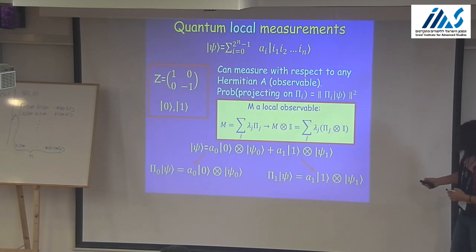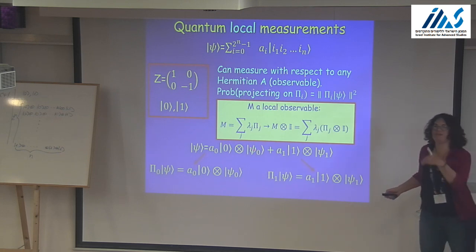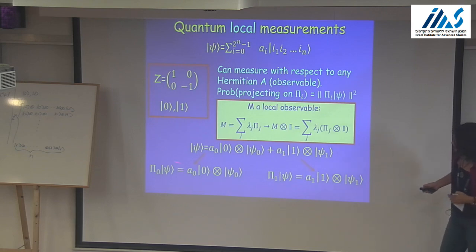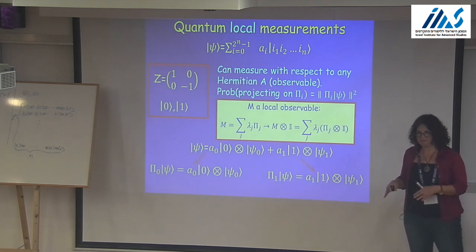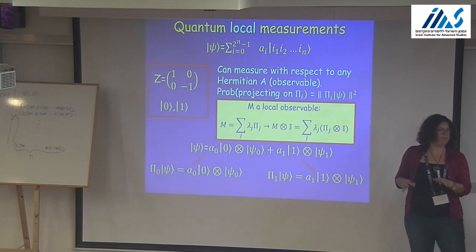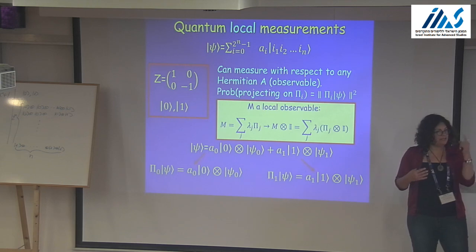So we start with a state and write it as the superposition of 0 tensor something plus 1 tensor something, and then the probability to be projected on the first subspace is just A0 squared. And after this projection, the state will be projected to that eigenspace. Okay, so that's what it means to measure a single qubit.